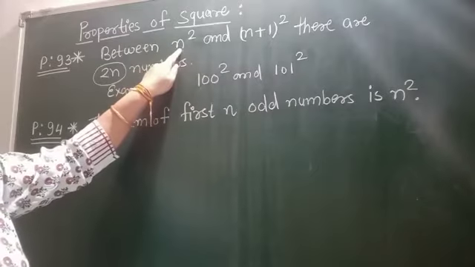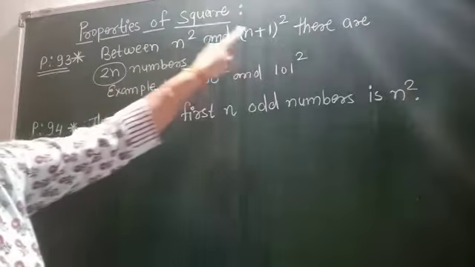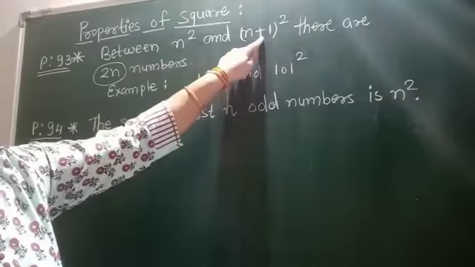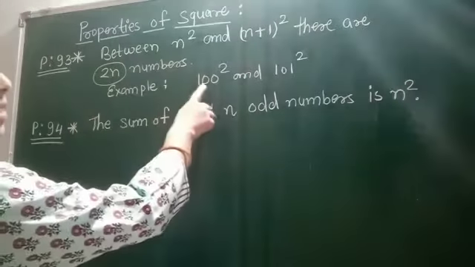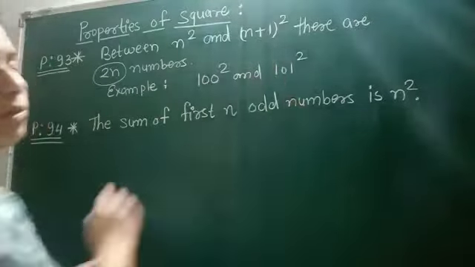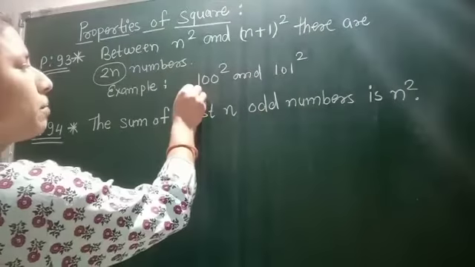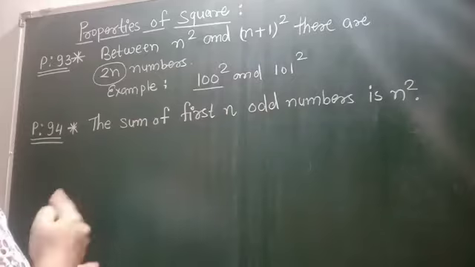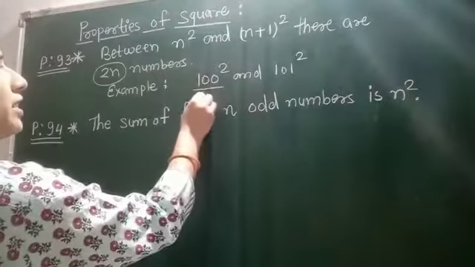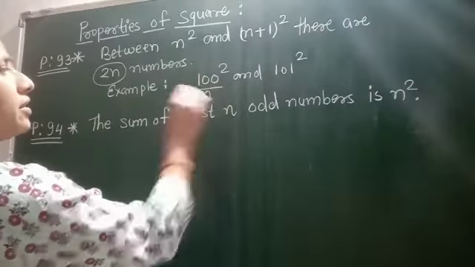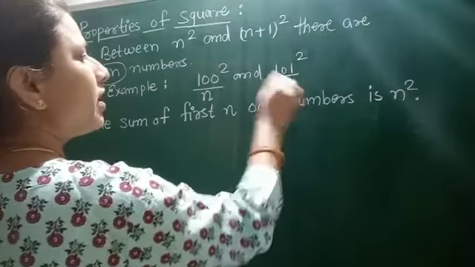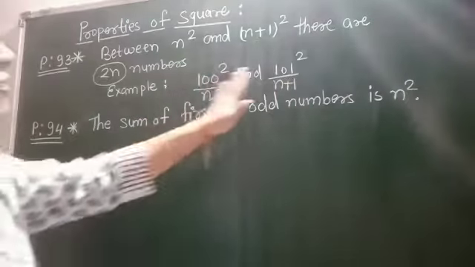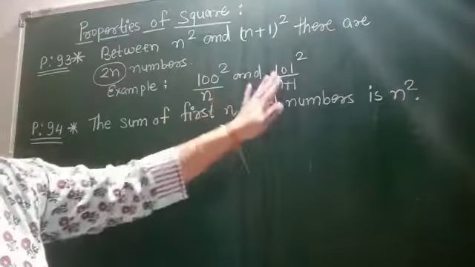As you can see here students, between these two consecutive numbers, n and n+1, n is the smaller number. So in this example, 100 square and 101 square, which number is smaller? Yes, 100 is the smaller number. So here n is 100 and n+1 is 101. How can we find the numbers between these two squares?